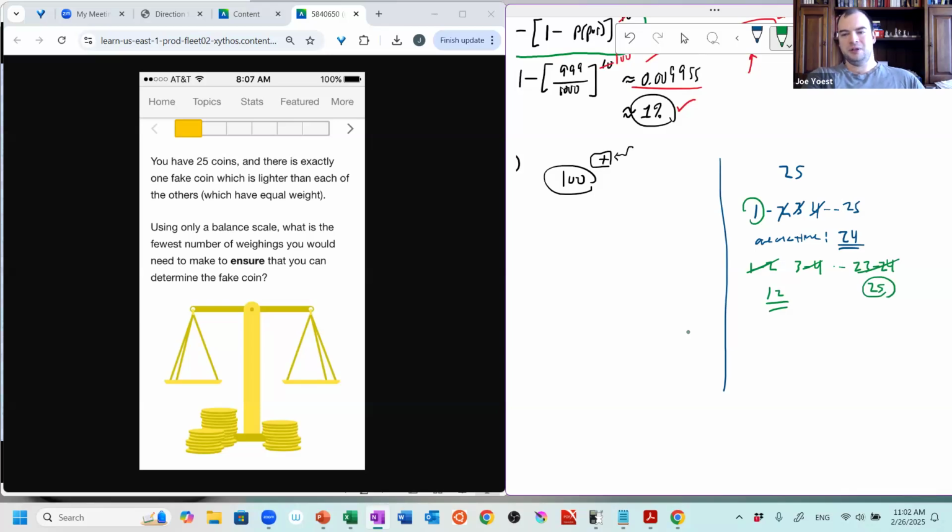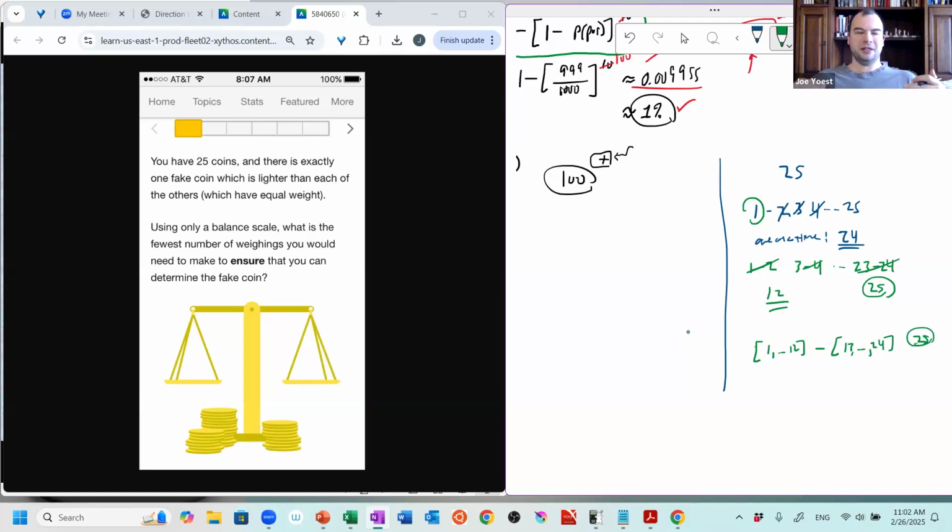Well, one thing I can maybe do is I could take stacks of coins. I could take coins 1 through 12 on one side and weigh those against, say, coins 13 through 24, leaving 25 off to the side.